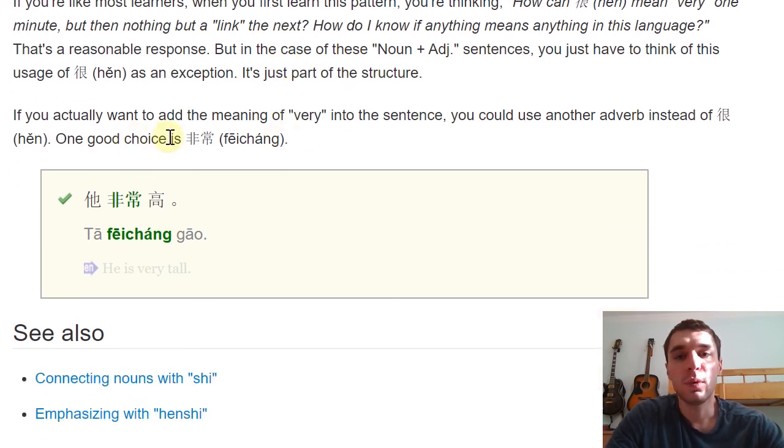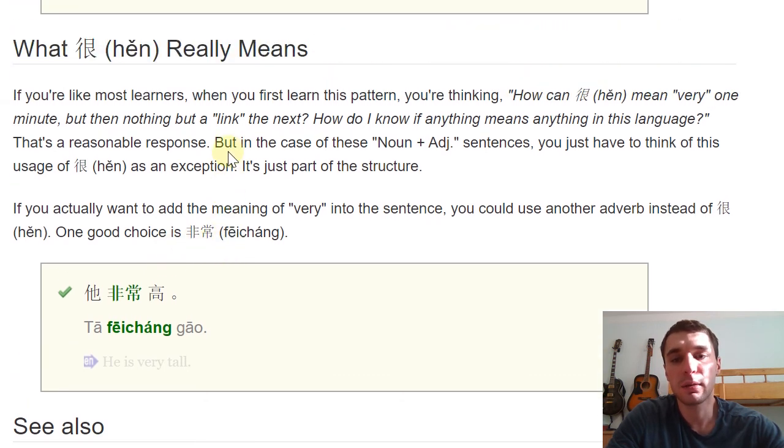If you actually want to add the meaning of very into the sentence, you could use another adverb instead of 很, right? One good choice is 非常. So if you really want to say that something is very tall, you can just say 它非常高. 非常 means really.